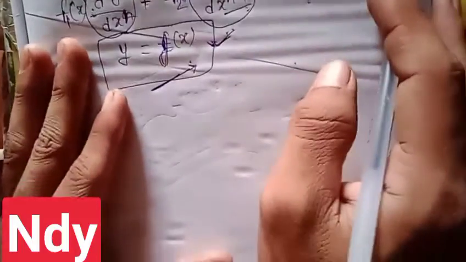Okay, so now consider, we know that if we solve a differential equation of order n, then we need n arbitrary constants. Why do we need n arbitrary constants?